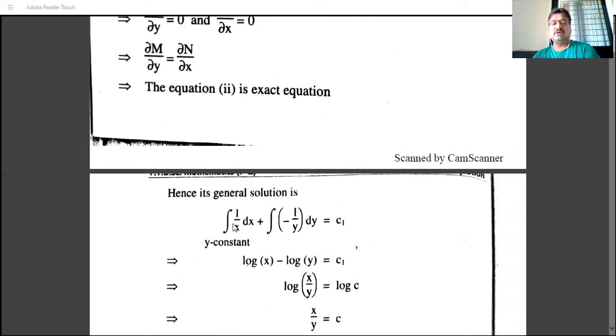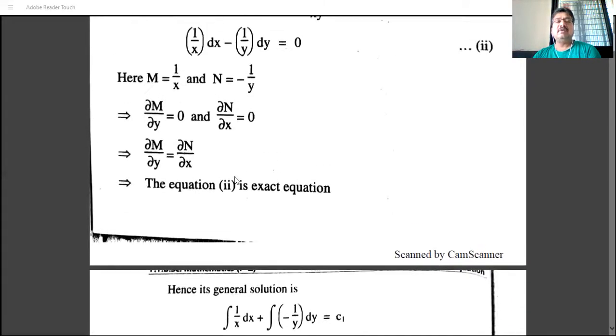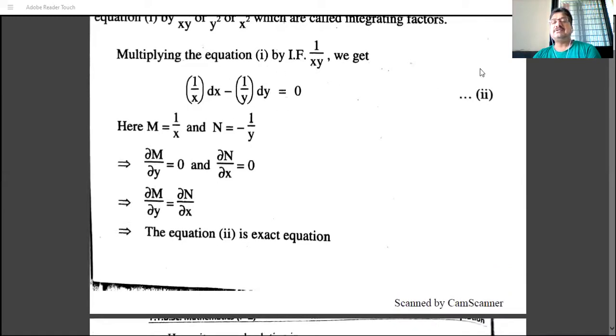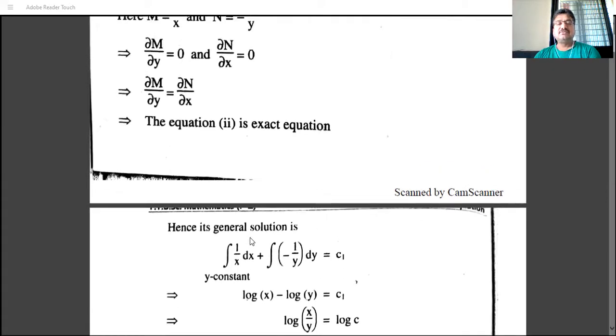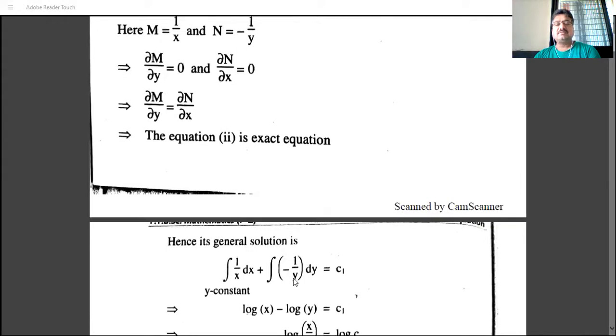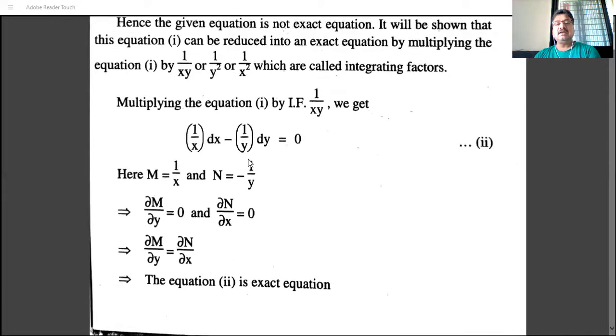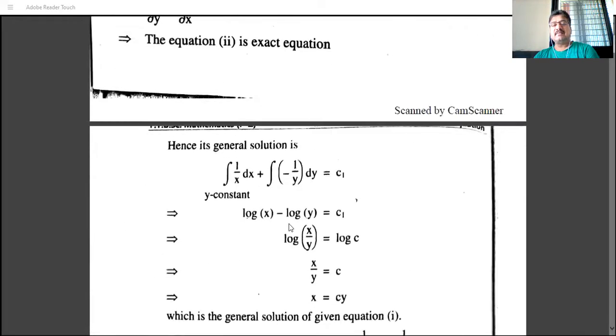The general solution is the integration of M dx plus the integration of terms in N independent of x dy, equal to a constant. In this new equation, M is 1/x and N is minus 1/y. The only term in N is minus 1/y, and it is independent of x, so take that term.